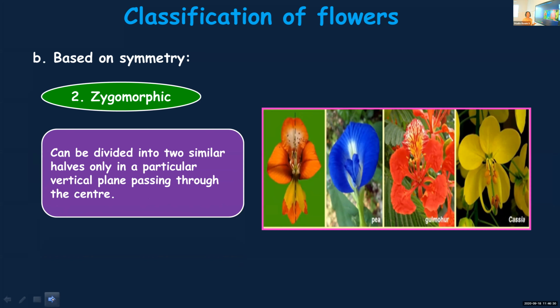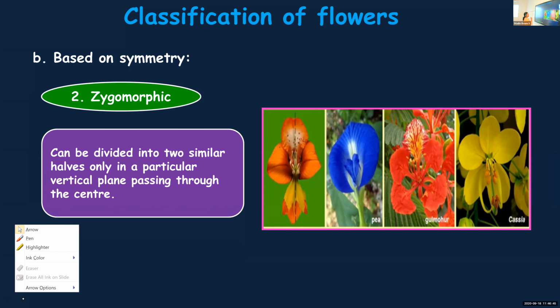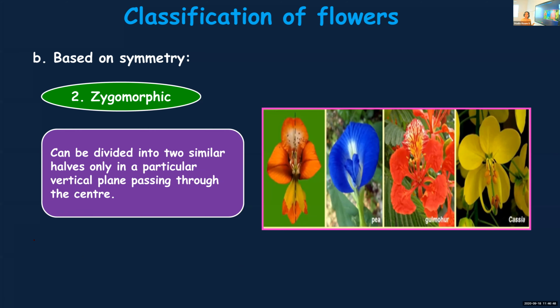You cannot cut them in any plane. It has to be done only in a particular plane. Only then you get two identical halves. So zygomorphic flowers can be divided into two similar halves only in a particular vertical plane, whereas in radial symmetry, any radial plane passing through the center works.